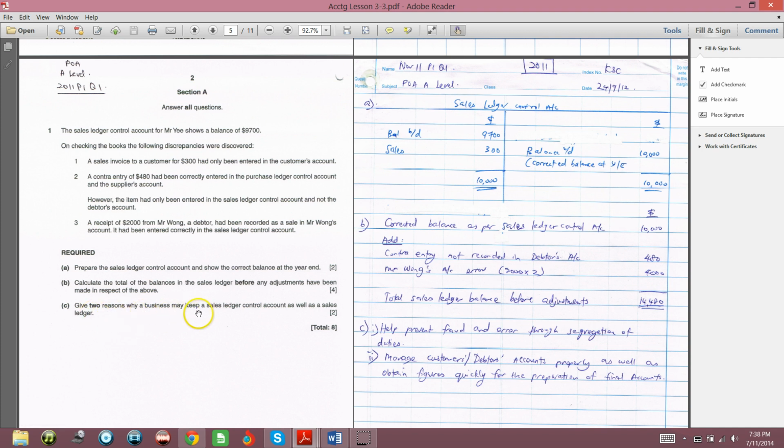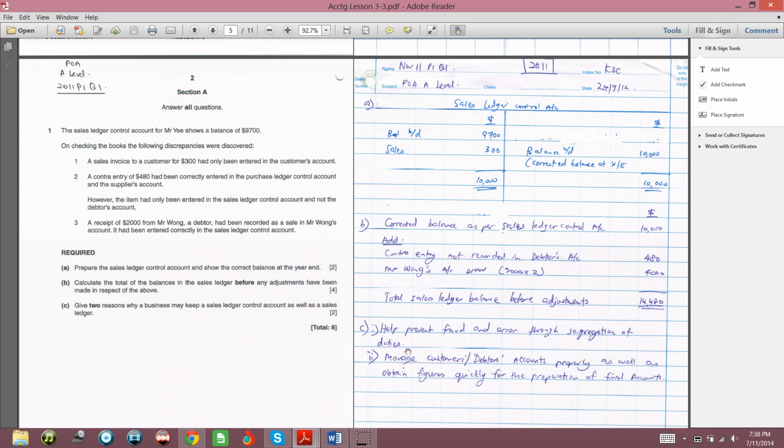Give two reasons why a business may keep a sales ledger control account as well as a sales ledger. So I'm not giving the soft copy for all this. So if you want, you can copy down. If you copy down, you can remember even better. So as usual, it is similar to just now. This one helps to prevent fraud and error through segregation of duties.